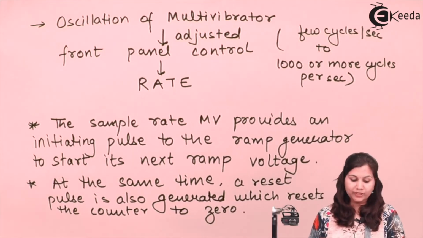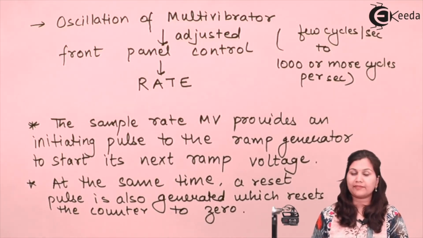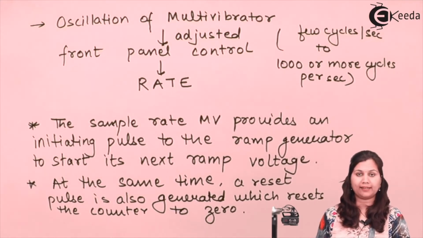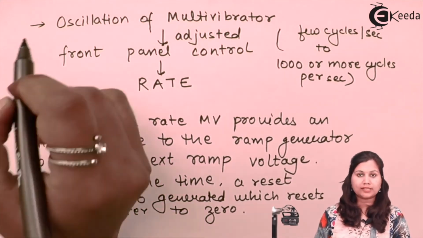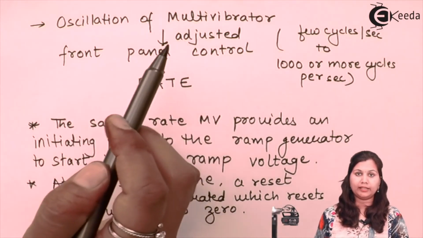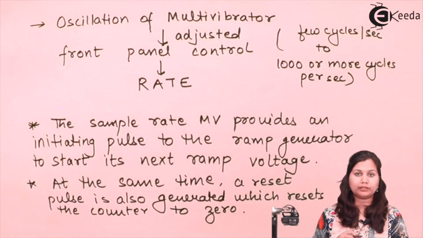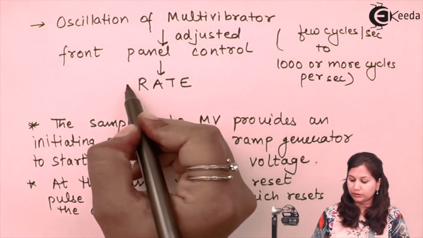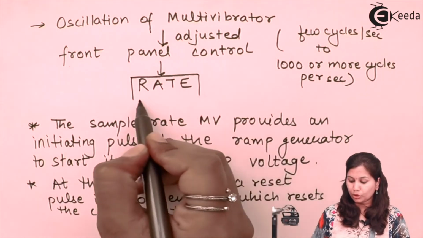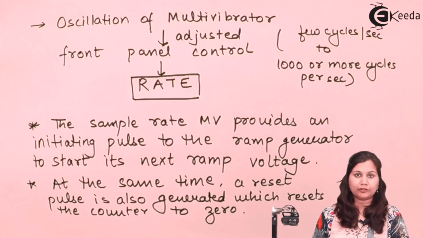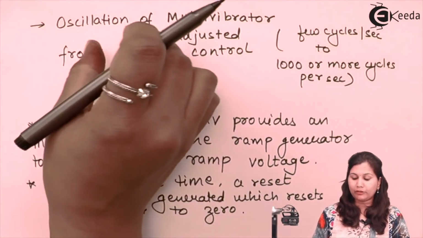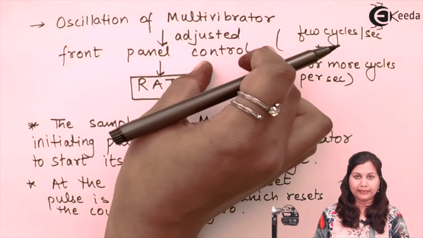The use of this sample rate multi-vibrator, as I have said, is to determine the rate at which the measurement cycles are done. The oscillation of this multi-vibrator is decided by the front panel control. On the front panel of this ramp type digital voltmeter, we have a knob called the rate. This front panel control determines or adjusts the oscillation of the multi-vibrator.